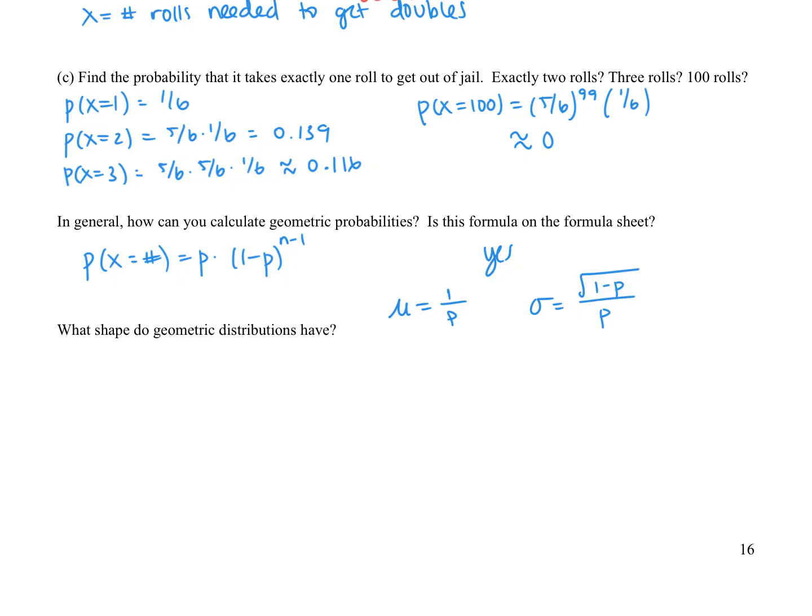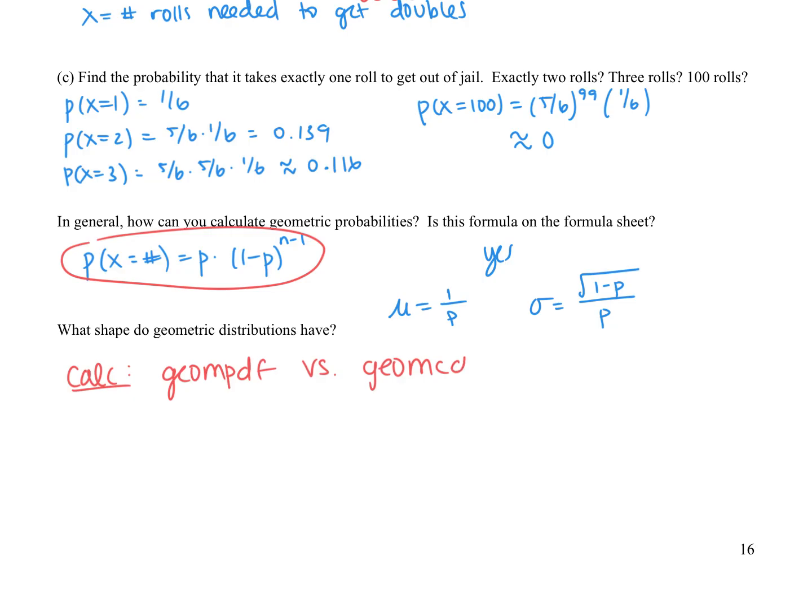And then last thing to tell you. Again, you don't need to use this formula. You just have to be able to recognize it. Your calculator does have geometric PDF and it has geometric CDF, still under second distribution.